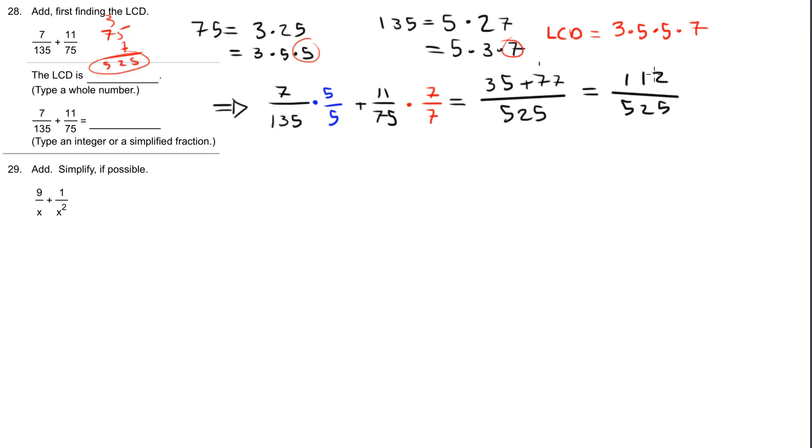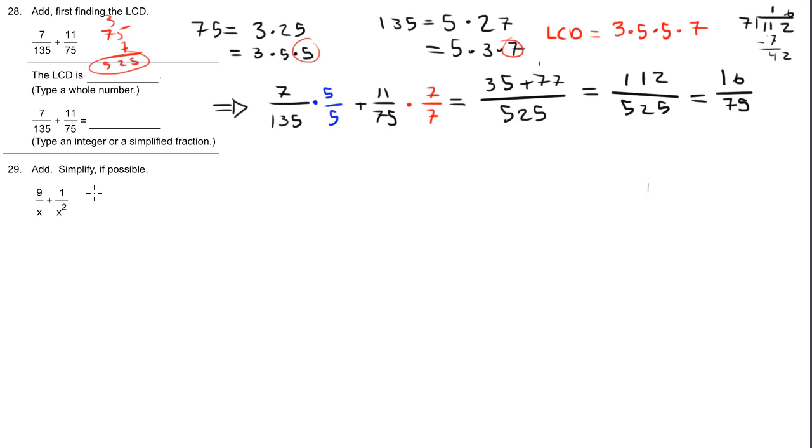Does 3 go into this? 1 plus 1 plus 2 is 4, so no. Does 7 go into it? I think 7 does go into this. 7 dividing into 112 is 16 times. Okay. This will be 16 over 75.